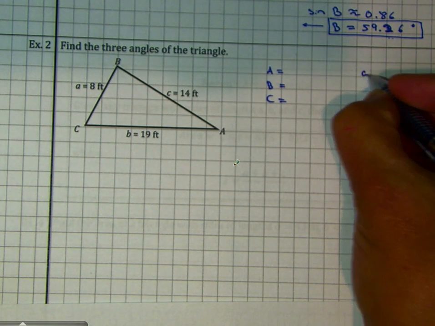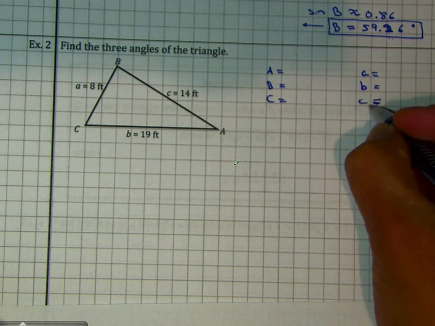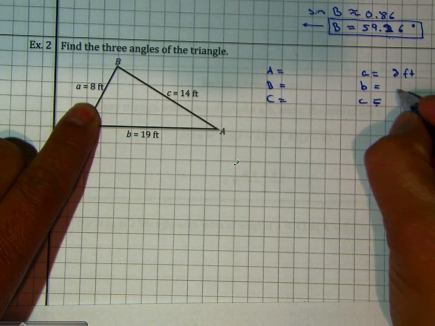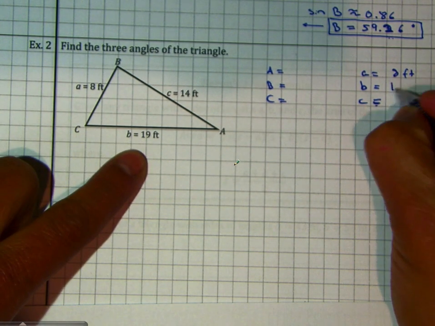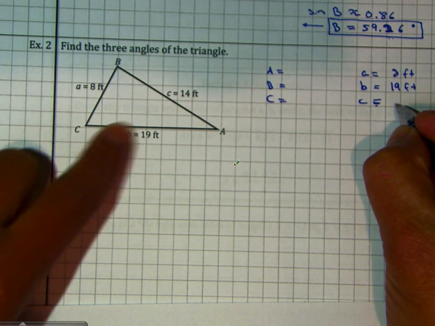And we have a, b, and c, where a is 8 feet, b is 19 feet, and c will be 14 feet.